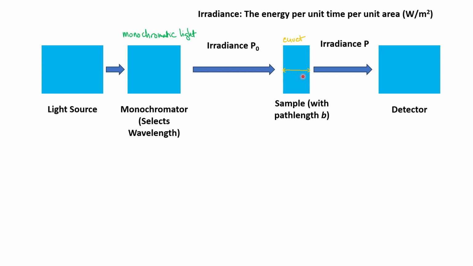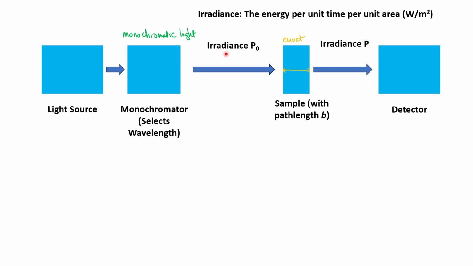Now, once the light has passed through this sample, the irradiance now has changed. So we call this value P instead of P naught. Again, you can think about this as the intensity has changed or the radiant power has changed because it has passed through the sample. And then finally, we're going to get to some kind of light detector, which will tell us what this irradiance actually is.